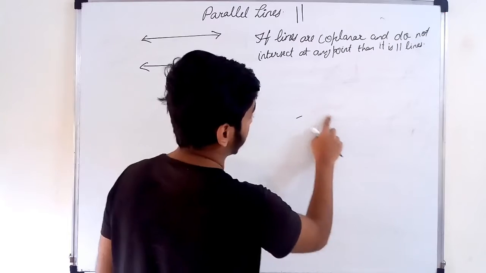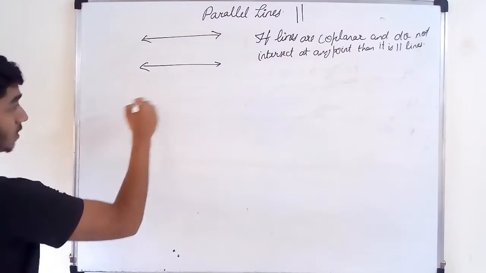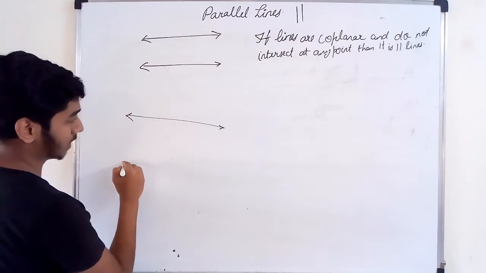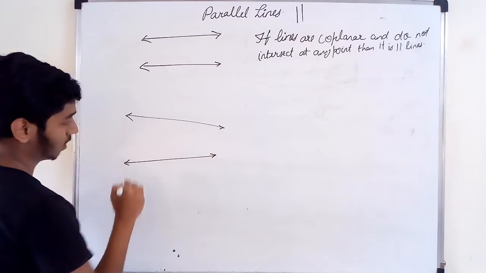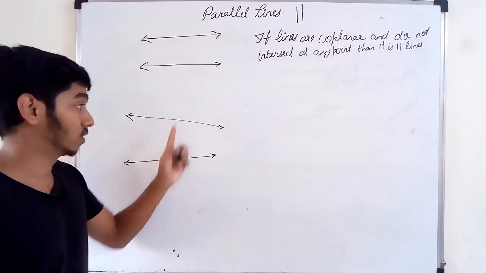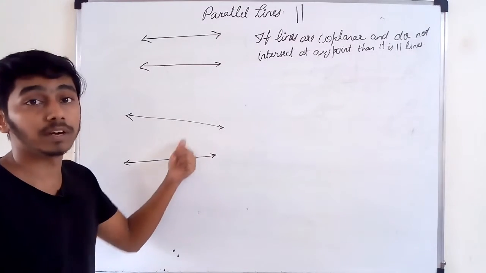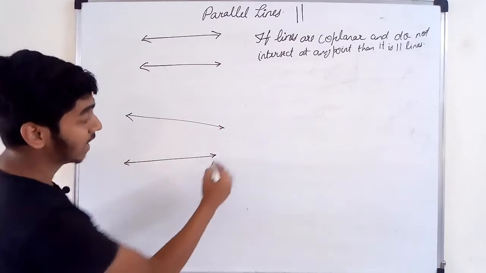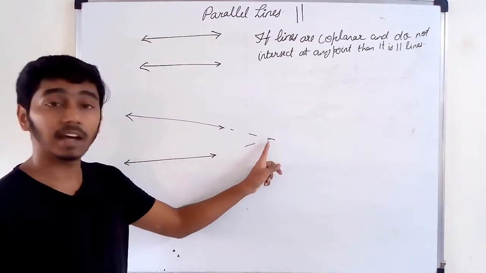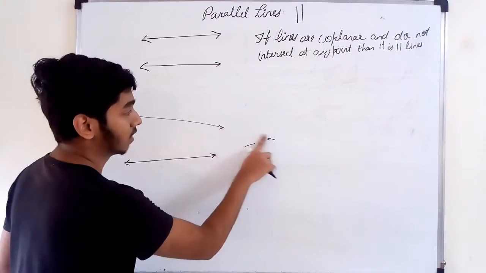So the first thing, let's draw two lines. First of all, if you consider these two lines, are they parallel? No, it is not parallel. Why? Because if I extend this, it will meet here somewhere at this point, correct?